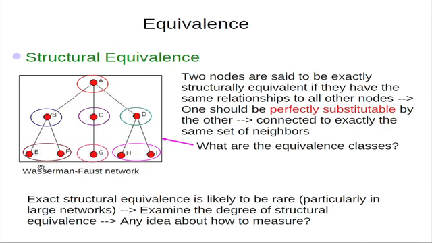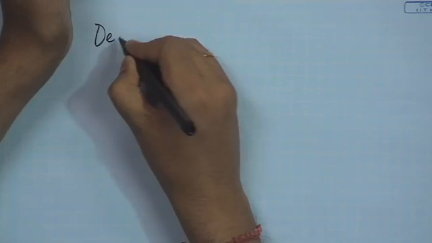Now, in many real graphs it is very difficult to find exactly structurally equivalent pairs of nodes. So what we basically resort to is some degree or extent of structural equivalence.